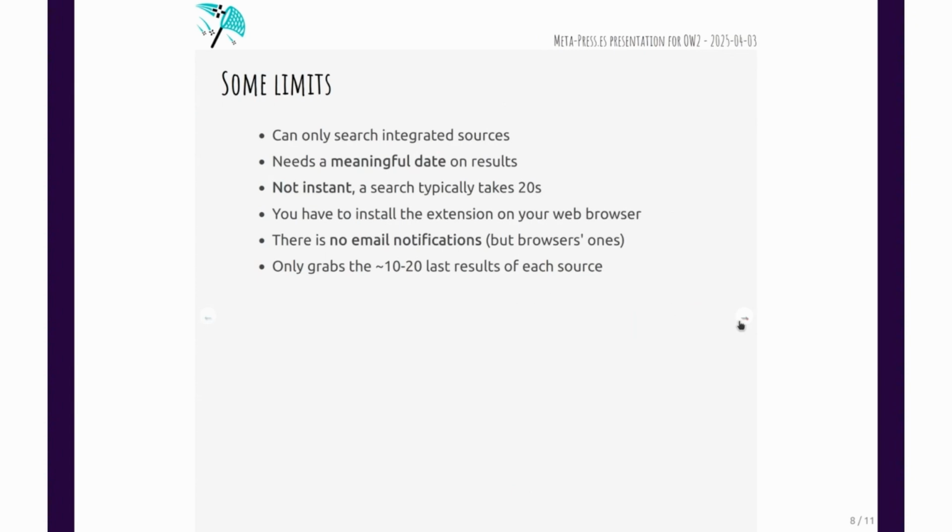But we are working on this, and it should be something like 3 times faster for the next version, because I'm working on multitasking and parallelization of the requests. It should be great, but it won't be under 2 seconds. It will be logarithmic. 2,000 sources won't take twice as long as 1,000 sources, but it won't be instant.